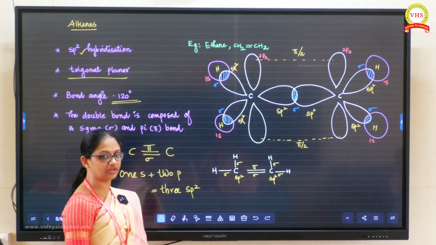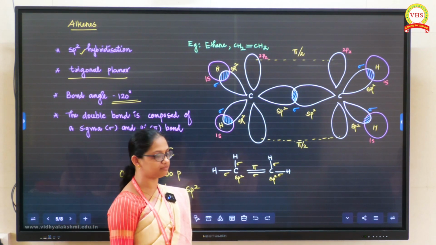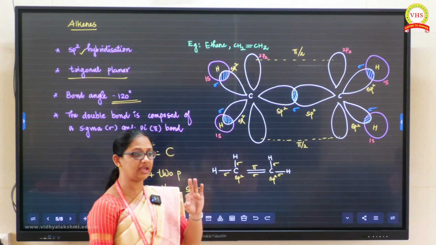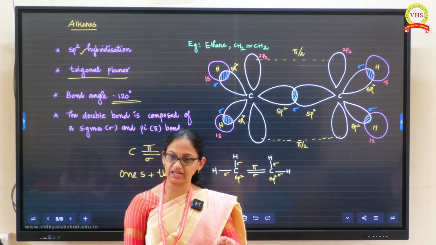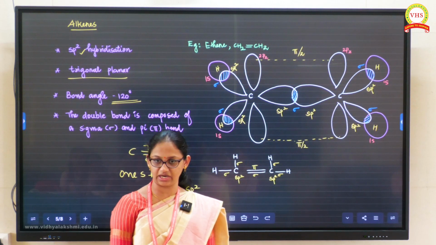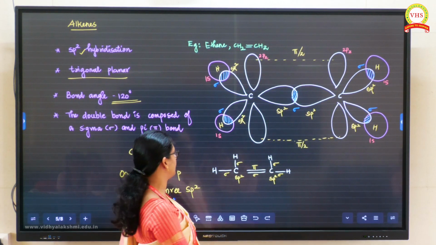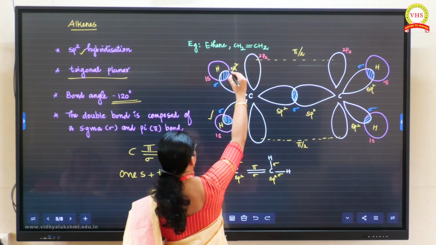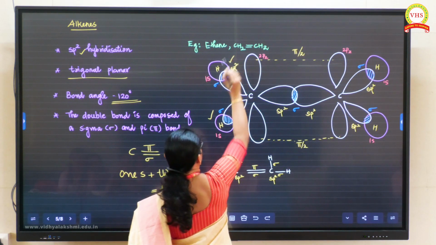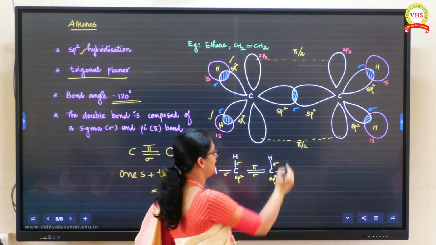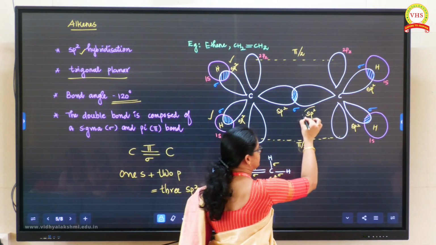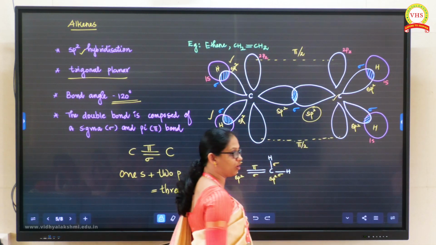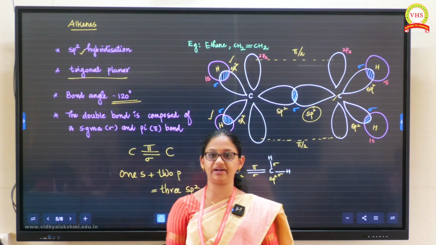In the case of ethene molecule, carbon has three sp2 hybrid orbitals. Out of three sp2 hybrid orbitals, two will make sigma bonds with hydrogen atoms and one sp2 makes a sigma bond with the sp2 hybrid orbital of the second carbon atom.